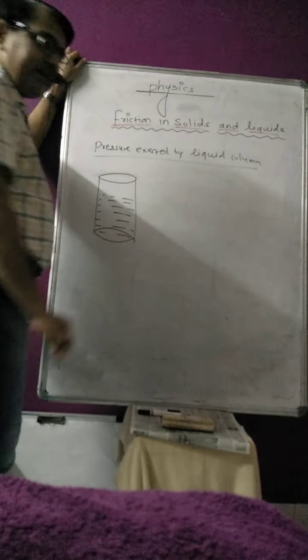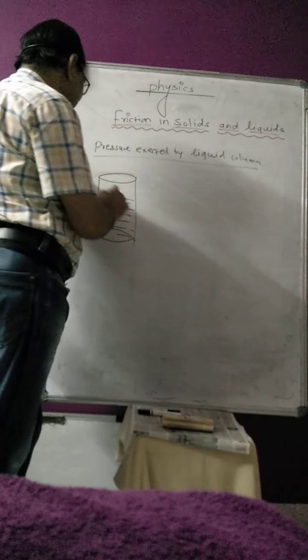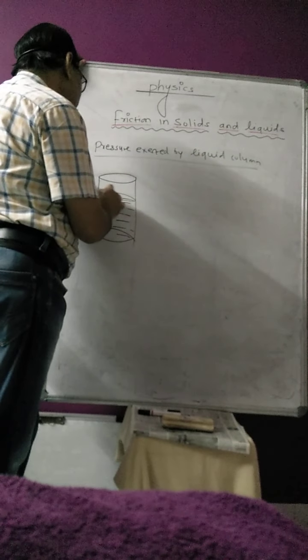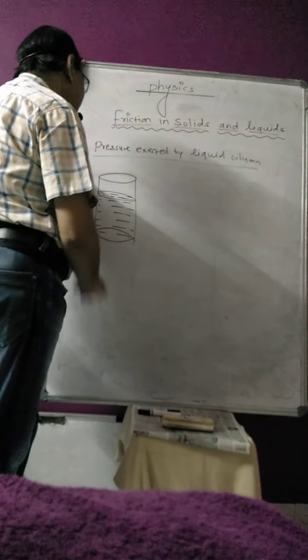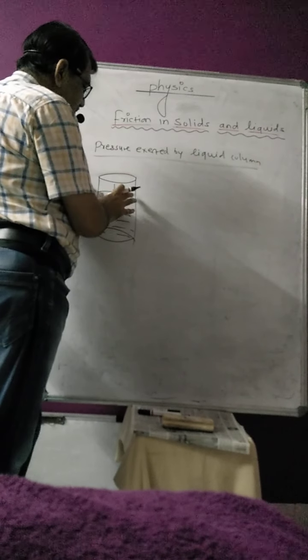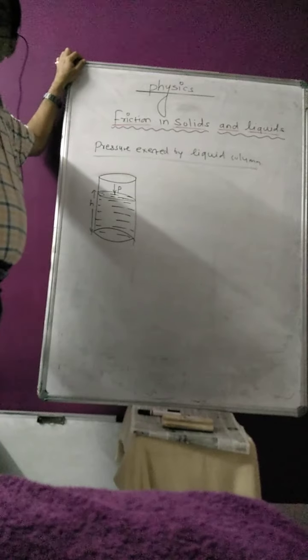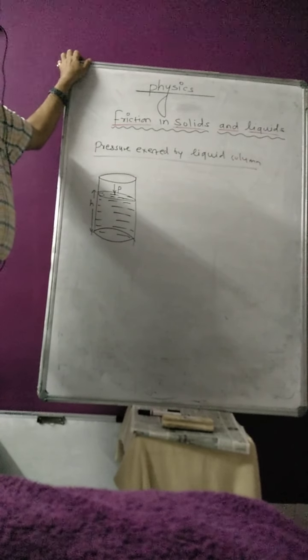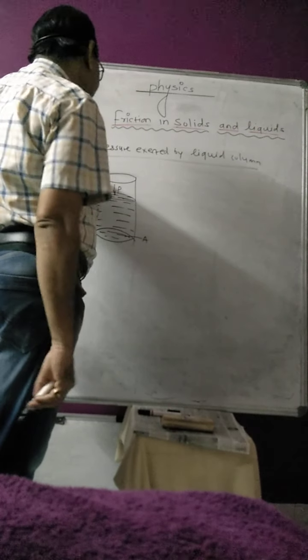When you fill the water up to a particular height, say h, this liquid column will exert some pressure on the walls of the container. This will be the area.